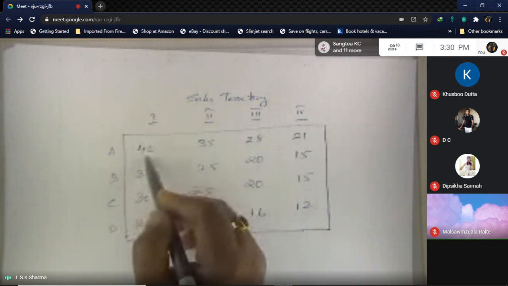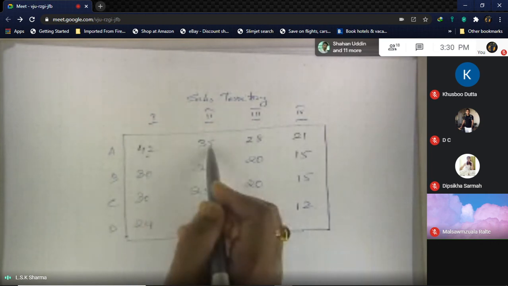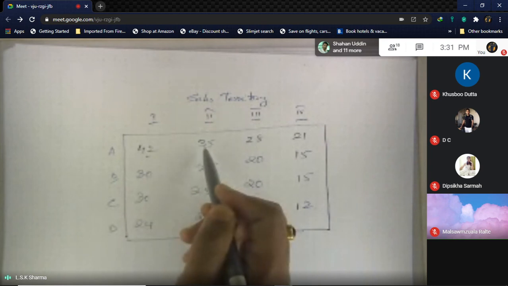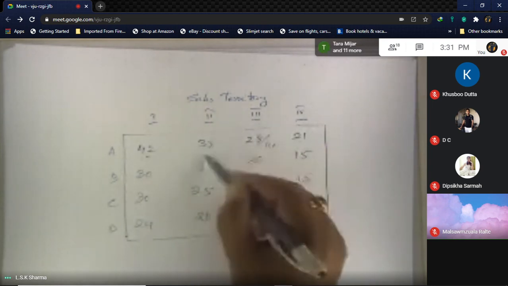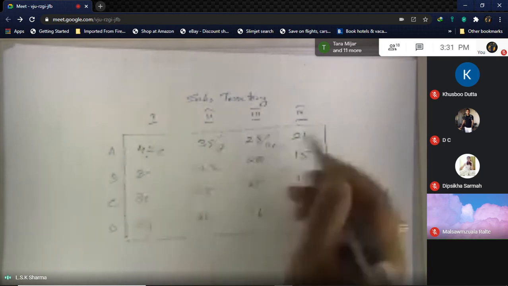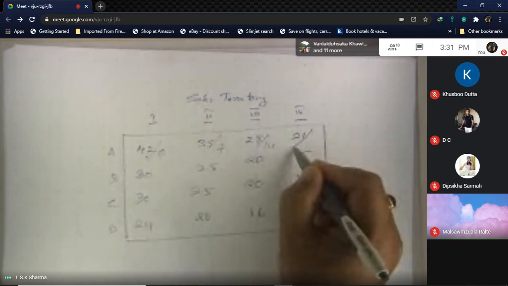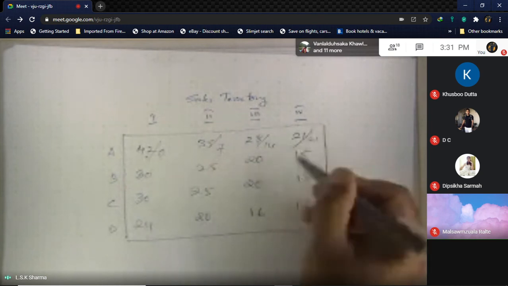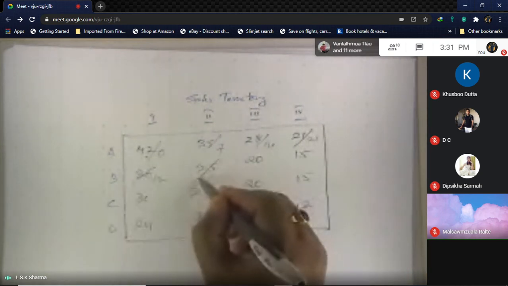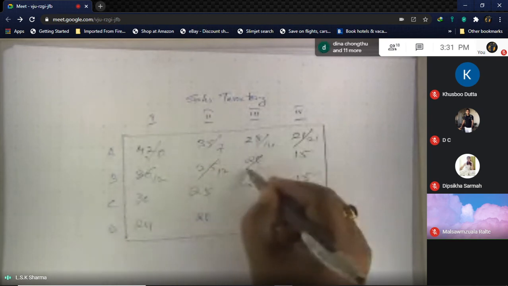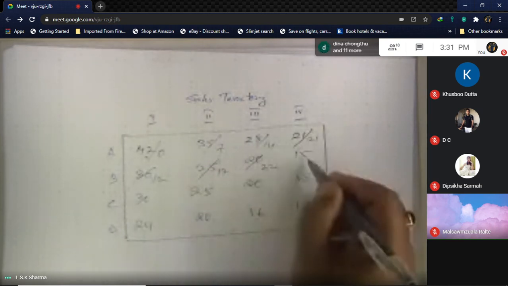42 minus 42 is 0. 42 minus 35 is 7. Then 42 minus 28 is 14. So this will become 7, this will become 0, and this will become 42 minus 21, 21. Similarly, this row will become 12, 17, 22, and 27.